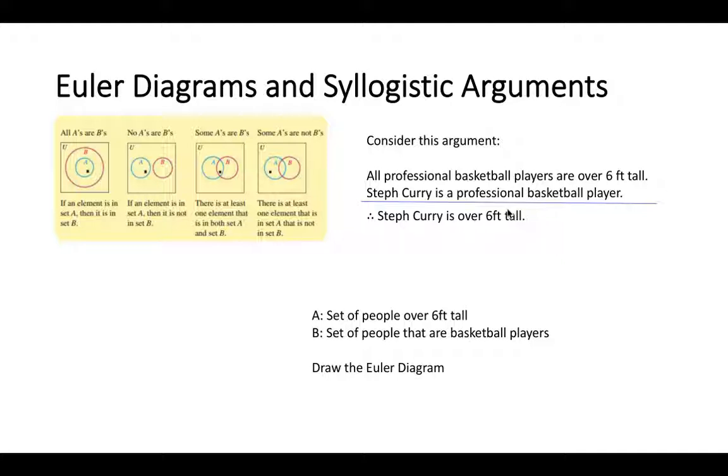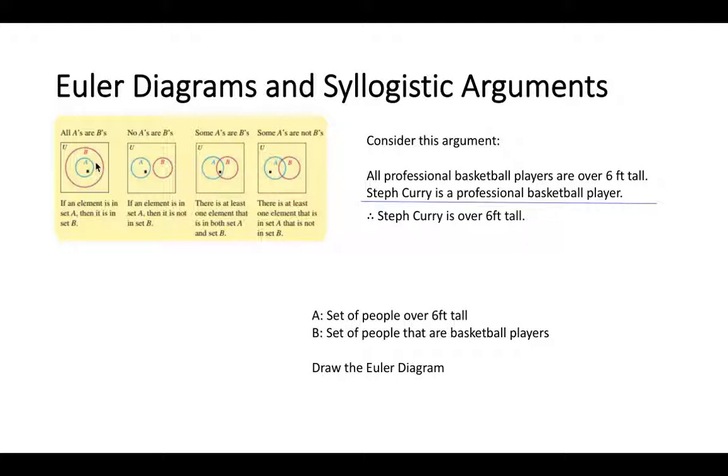This is a syllogistic argument. Notice it's using words like all or none. Now, the first step is to identify what we're going to identify as our sets. So we're going to call set A the set of people over 6 feet tall, and B the set of people that are basketball players. I got that from the first premise.